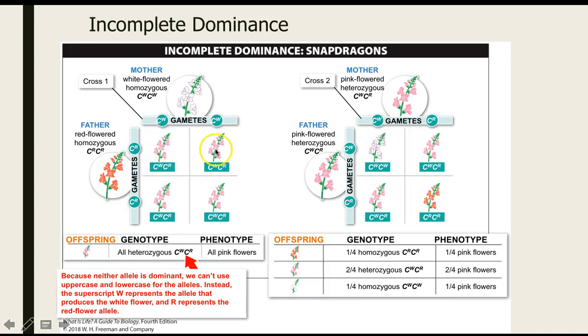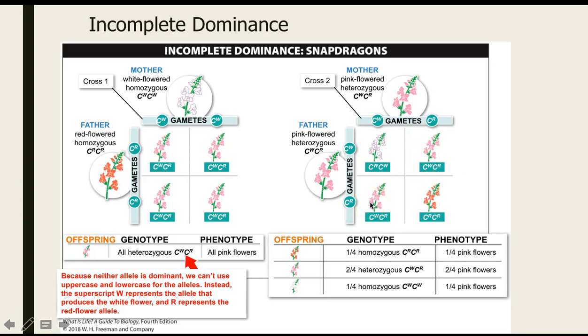So if you take two of these pink individuals and you cross them together, two heterozygotes, and you go through the law of segregation and you put them in their own gametes, you go back to this very interesting thing where you have a white homozygous for white, and you have a red homozygous for red, and you have two heterozygotes. Color white, color's red, color's white, color's red, heterozygotes.